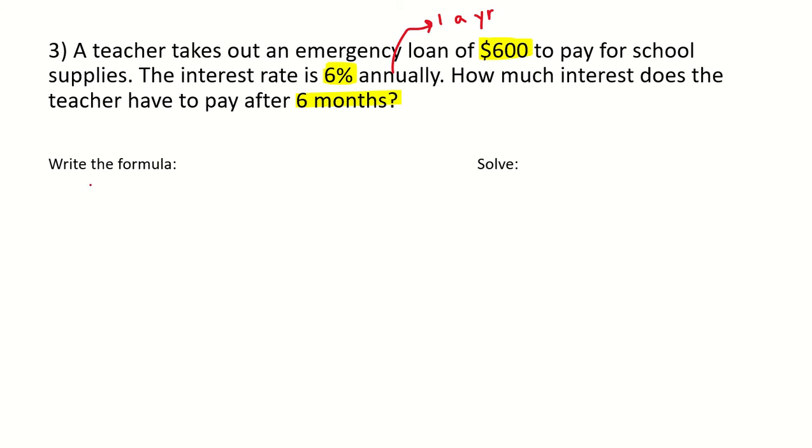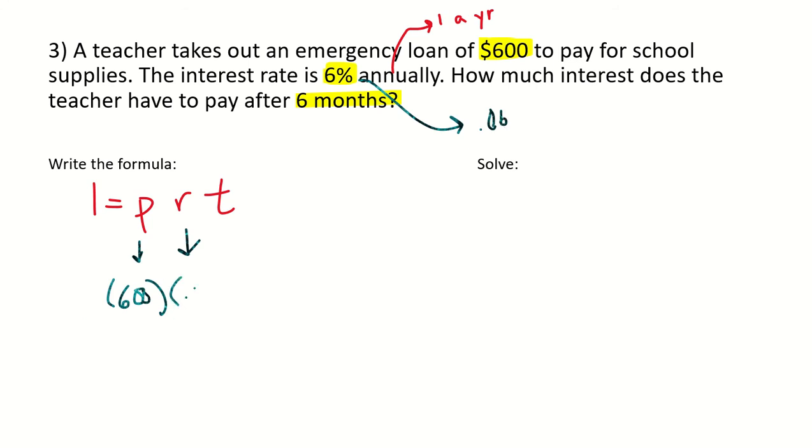Okay, let's write this formula. I equals P R T. P is the principal starting amount, which is 600 in this case. R is the rate. The 6% needs to be changed to 0.06. T is time, but remember it's time in years, not in months.